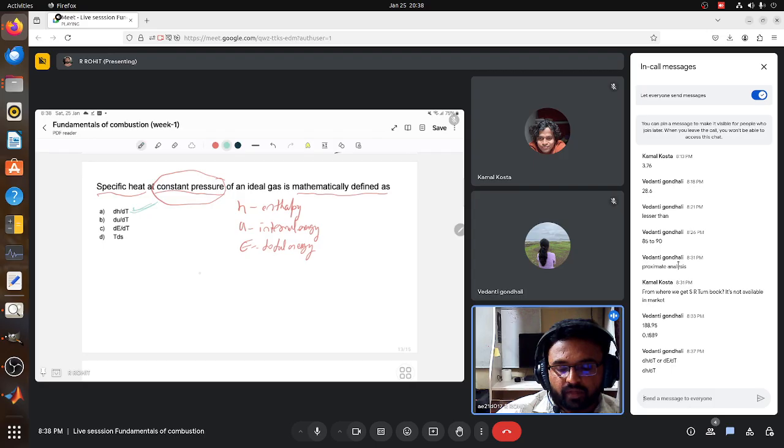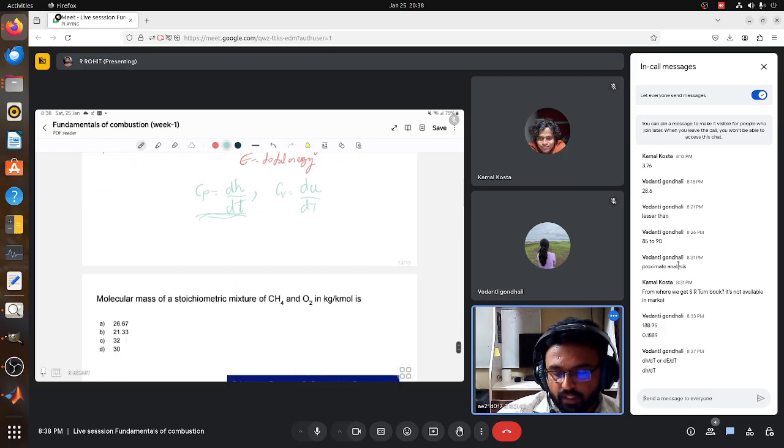So the specific heat Cp is nothing but dH by dT, whereas constant volume is dU by dT, that is internal energy. So mathematically, Cp is defined as dH by dT. So A is your correct option. I hope that is clear. Now we will move on to the next question.